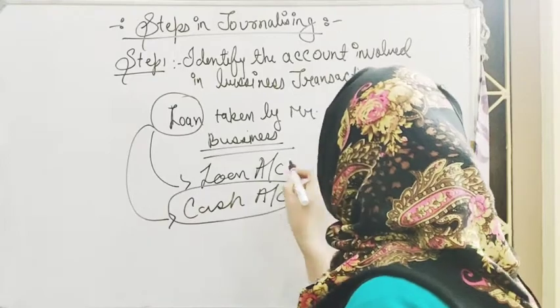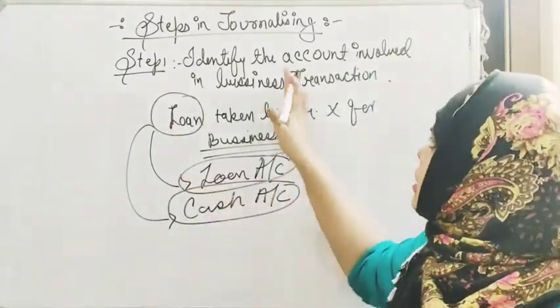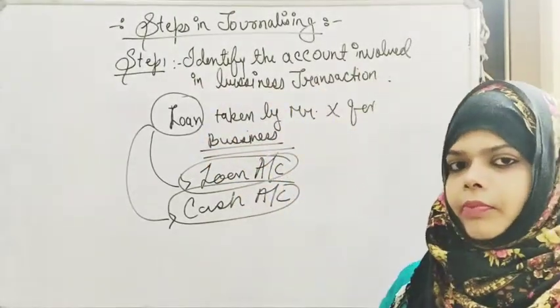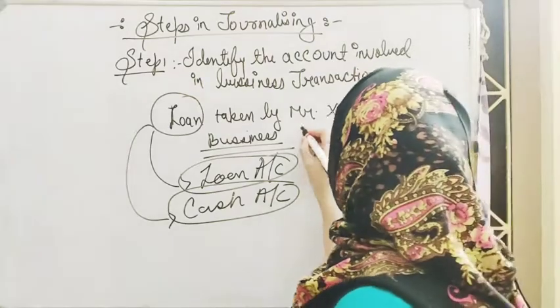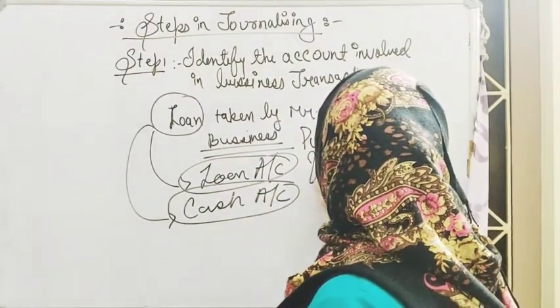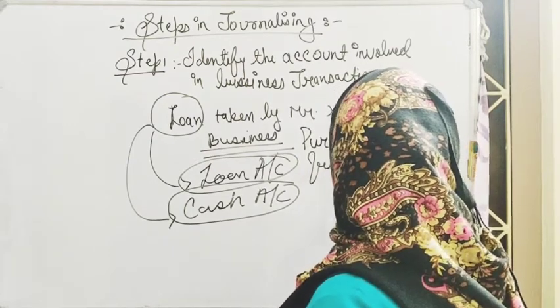Both are the accounts involved in this transaction. So, identifying the accounts involved in the transaction is very important. Secondly, purchase of furniture for cash.